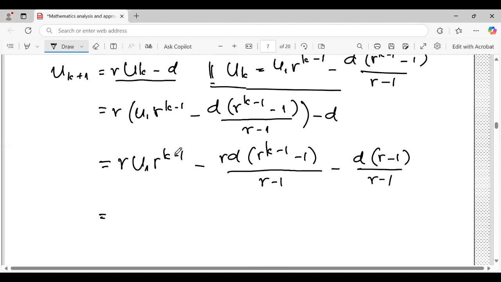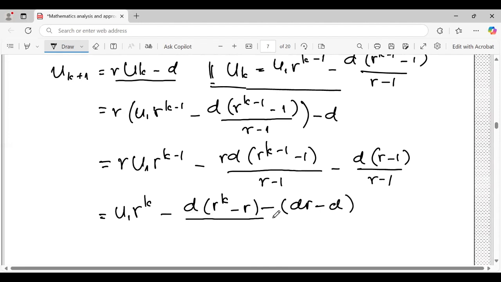And this is r power 1 times r power k minus 1 becomes u1 r power k, and this is d. If r times r power k minus 1 becomes r power k minus r, and after that this is minus dr minus d times r minus 1.